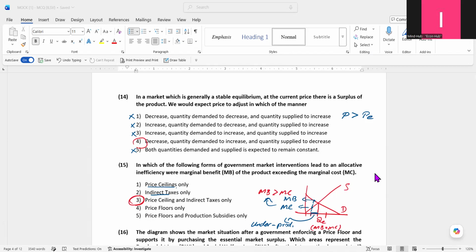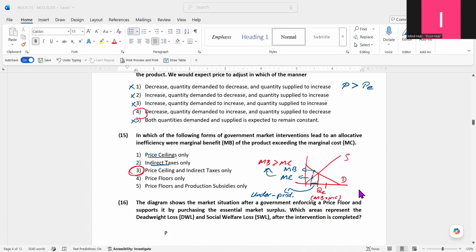So price has to decrease, quantity demanded will increase, quantity supplied will decrease, solving the surplus and bringing the market to equilibrium. How do QD and QS react? It's according to the law of demand and law of supply. When price decreases, QD will increase. When price decreases, QS will decrease. Thus, solving the surplus and bringing the market to equilibrium. Correct answer number 4.